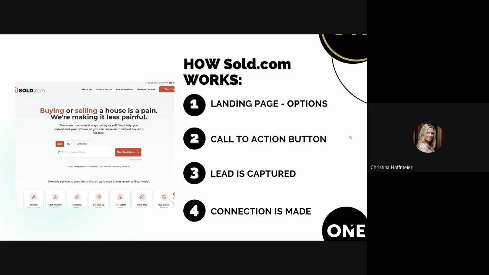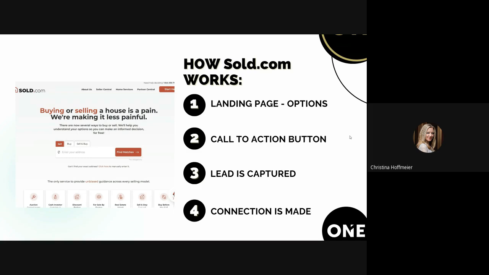Step number 4 is a connection is made. So if they go through the whole page, if they put in their address, find matches, it's going to ask them to put in their name and their telephone number and their email. And then it's going to give them some options of local area agents or brokers. So if you pay sold.com to advertise for you, which we do, our name shows up first and foremost.